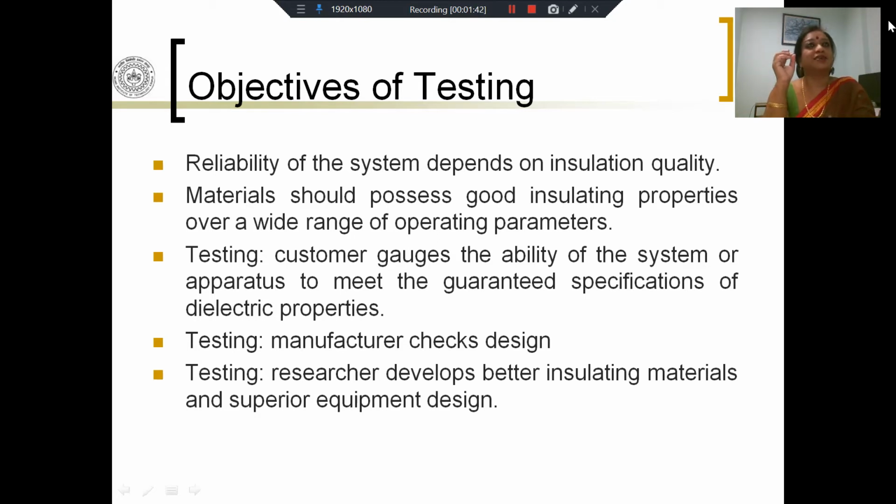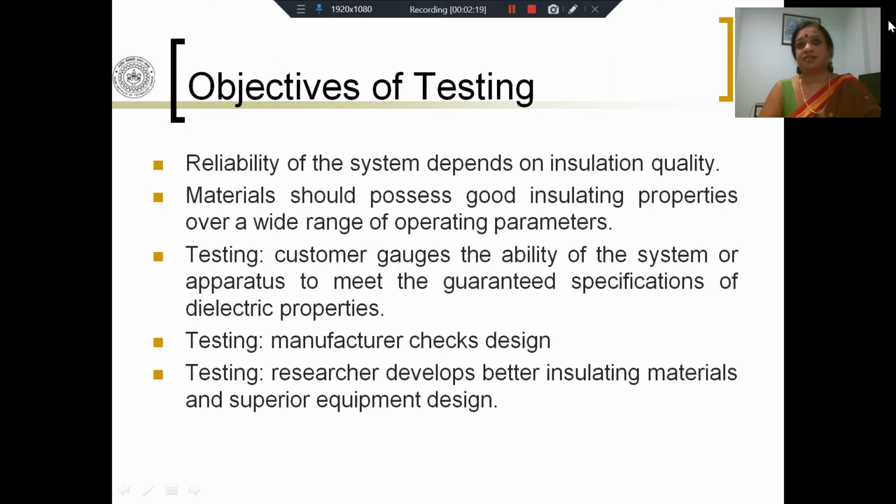We are looking at certain probabilities of failure, certain acceptable functionalities, and these are given by the specifications. So the designer will design the equipment such that the insulation can withstand certain insulation levels, certain overvoltage levels, certain temperatures, certain field conditions. And when the customer demands testing, the customer is trying to gauge the ability of the system or the apparatus to meet this guaranteed specification.